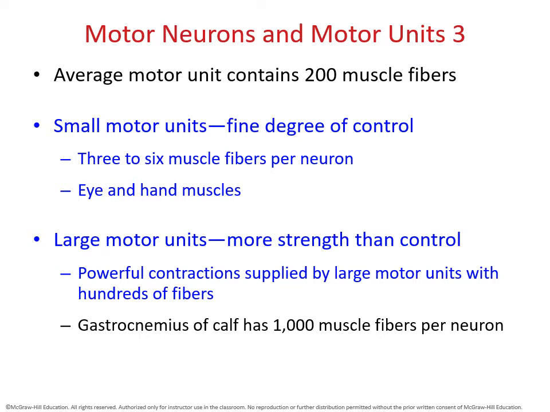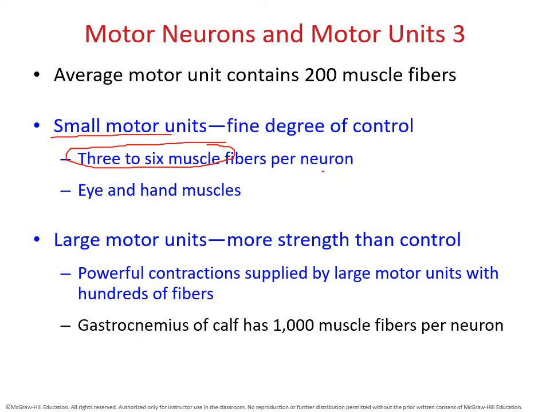A small motor unit, as defined on our PowerPoint, basically is when you have one neuron that's going to be in control of anywhere from 3 to 6 muscle fibers. And this is a small little batch of muscle cells, which means that when they respond and contract, it's going to allow for what we call fine control.